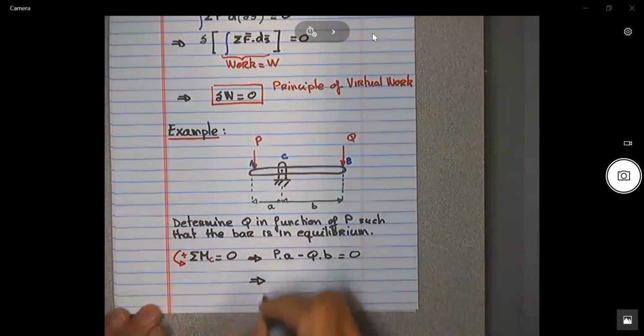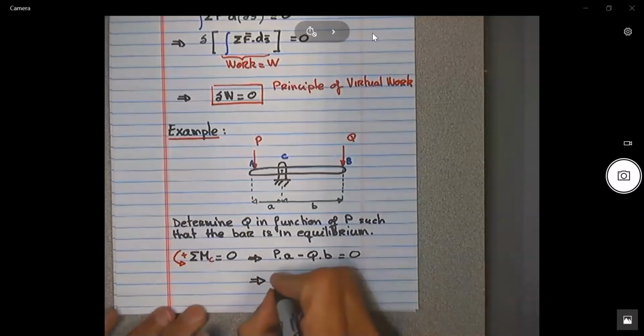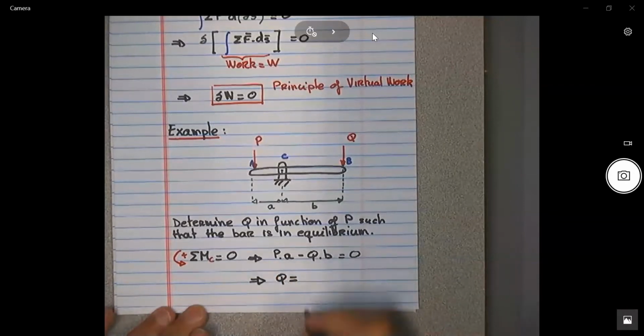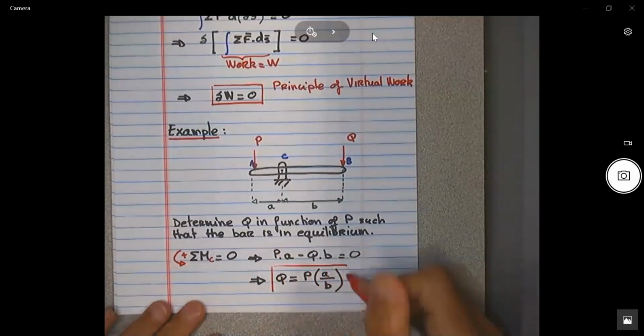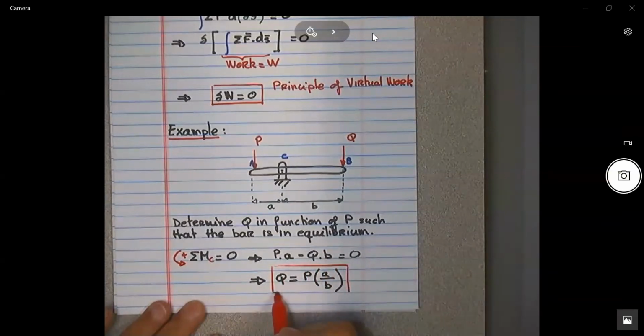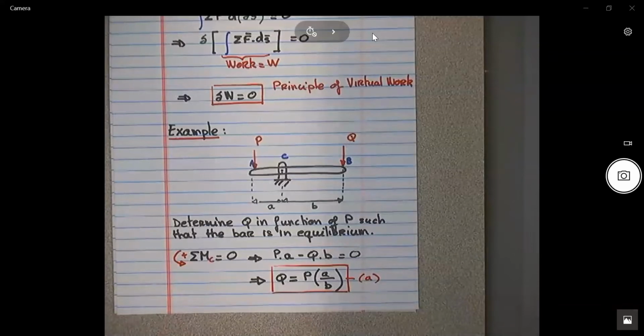In this problem they ask you to find Q as a function of P, so you find Q equal to P times A over B. Okay, so you see, very simple problem.